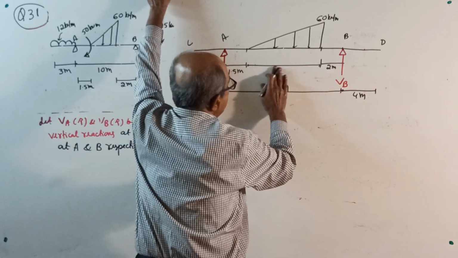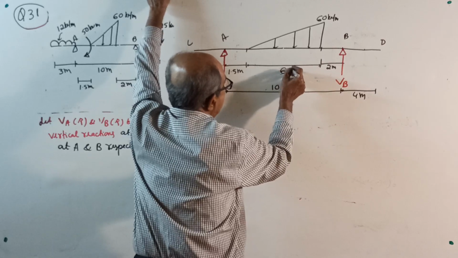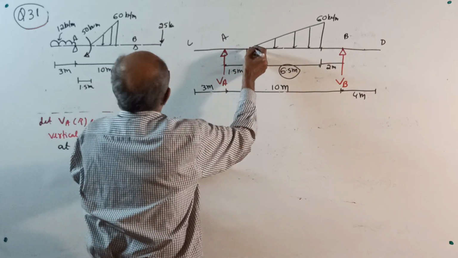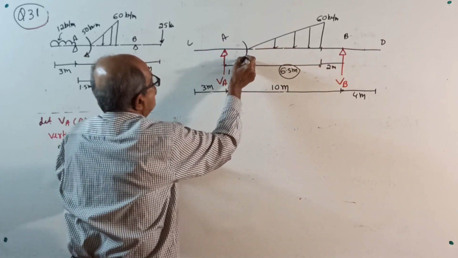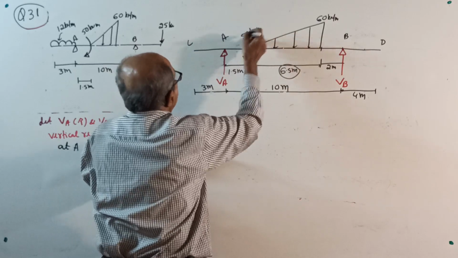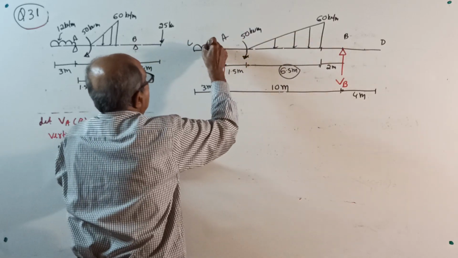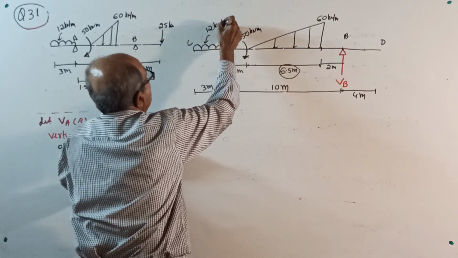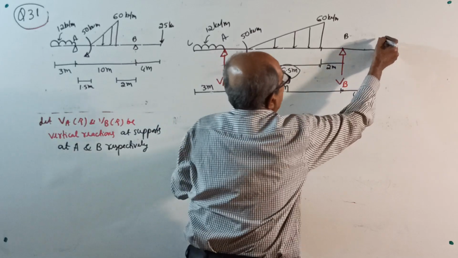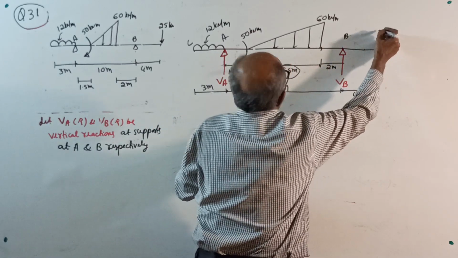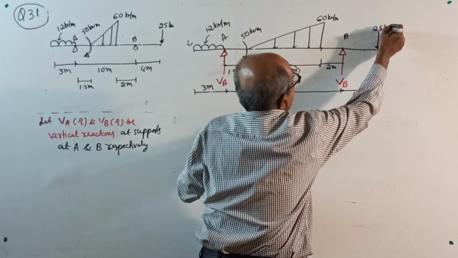Remember, not given in the question, calculated. Then here, one clockwise couple of 50 kilonewton meter. And here, UDL of 12 kN per meter. Here there is a point load, this is D point, okay, 25 kilonewton.